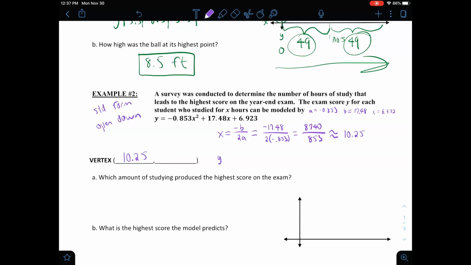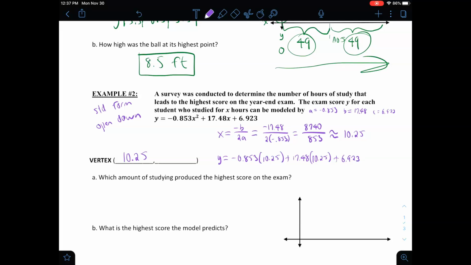The y-coordinate of the vertex, we need to take that. We need to plug 10.25 into the original equation. So negative 0.853 times 10.25 squared plus 17.48 times 10.25 plus 6.923.